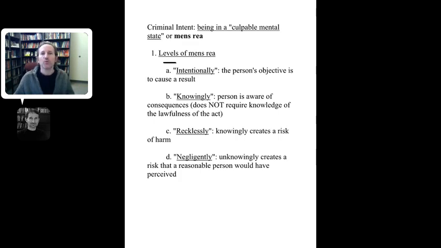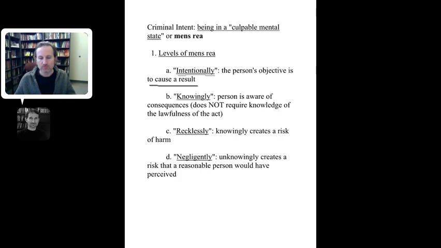Okay, we have four levels of mens rea, and you know these intuitively, but I'm going to walk through them with you, and with each one you can add a little bit to your notes if you like as I go through them. The first idea, the highest level of mens rea, is if you do something intentionally, okay, then that means you wanted to cause some specific result.